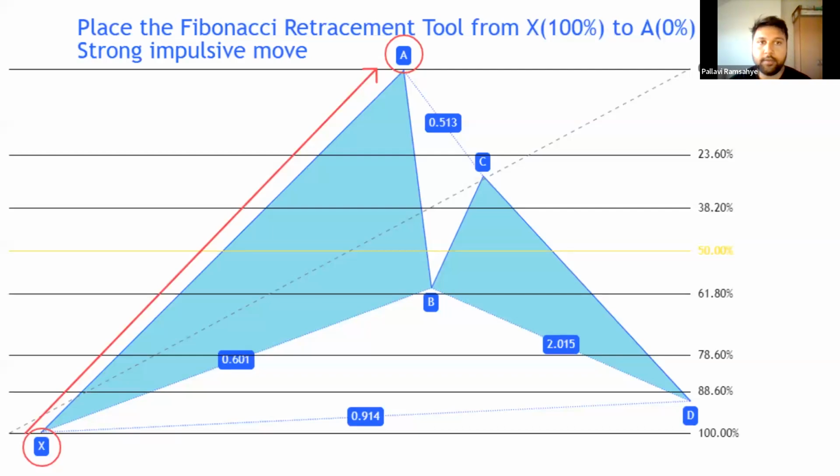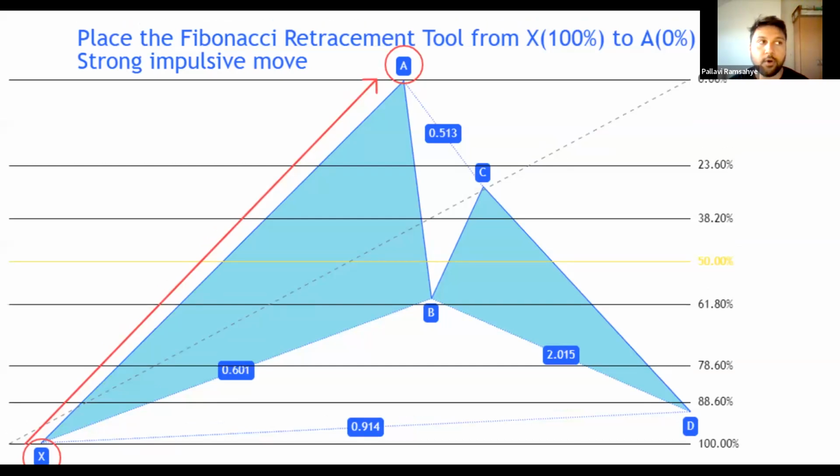So for anybody new to the session, when we start off looking for any pattern using the Fibonacci retracement tool, even though it's in front of us, I just want to make sure that everyone has been listening in the past sessions. Where are we placing the Fibonacci tool? Let's say for example, we're looking at a bullish pattern.